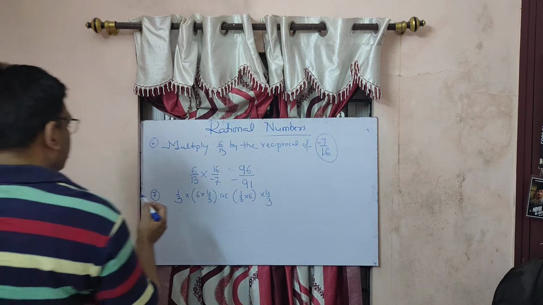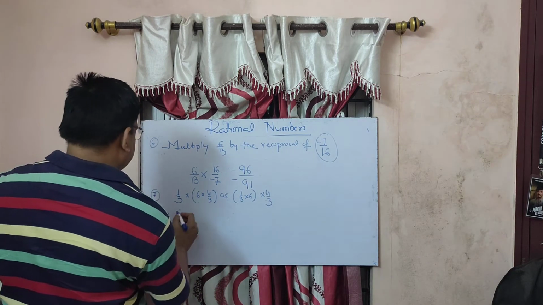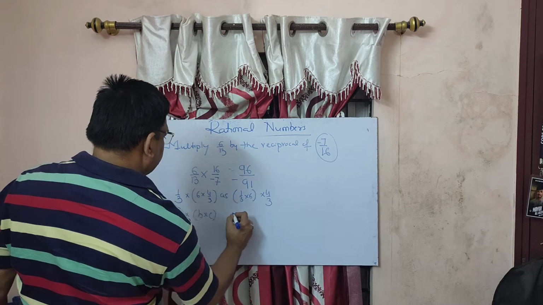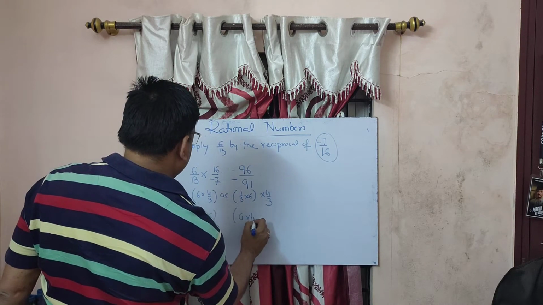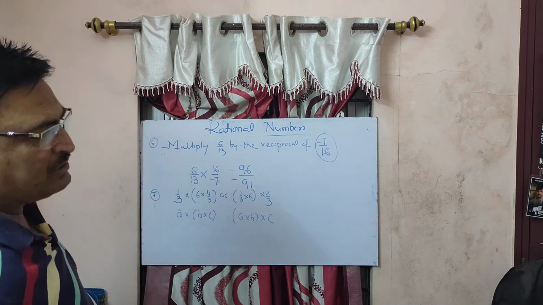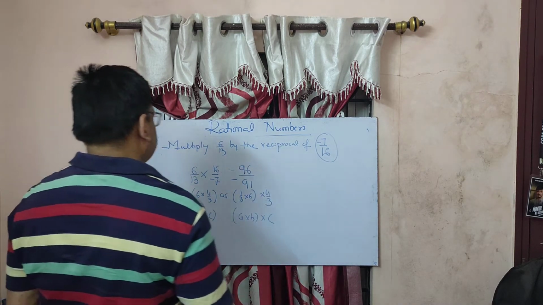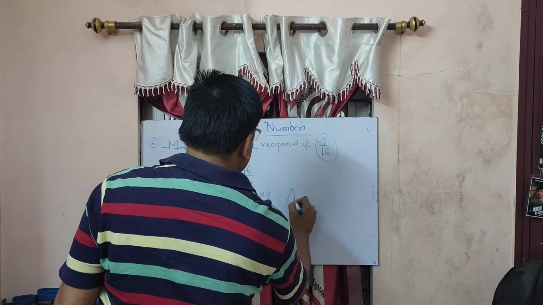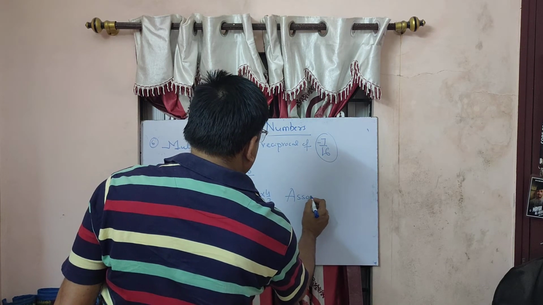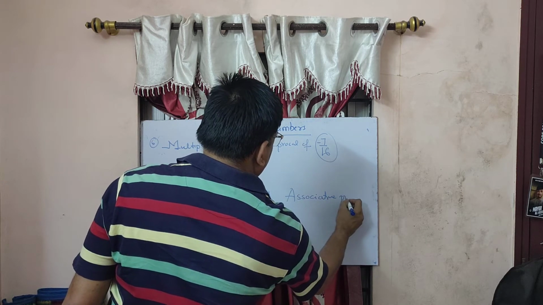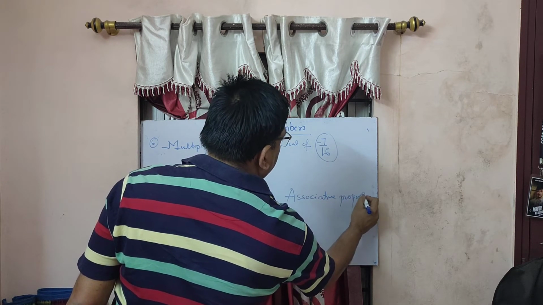See here, A into B into C. For example, this A into B into C, and here A into B into C. So what is this property called? This is associative property.